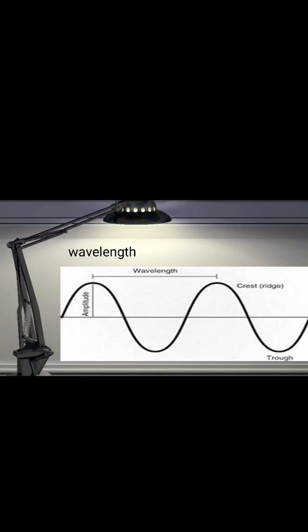Similarly, the wavelength of infrared radiation is longer than the wavelength of red light. Wavelength is inversely proportional to frequency. This means the longer the wavelength, the lower the frequency. In the same manner, the shorter the wavelength, the higher the frequency.